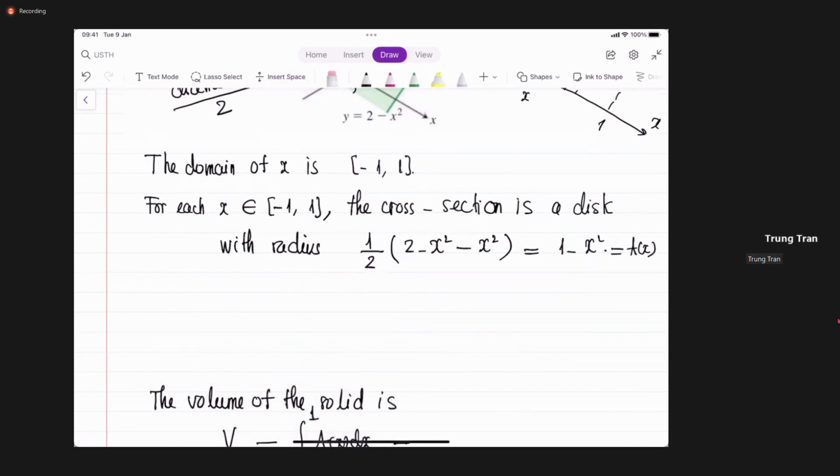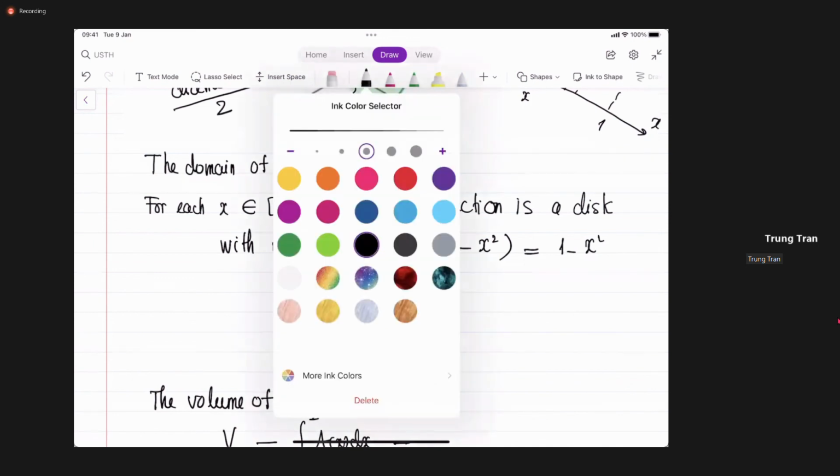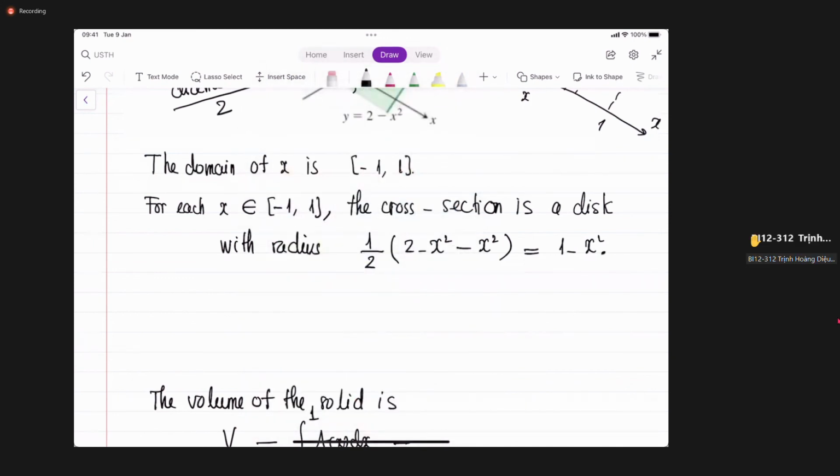Here we only have the radius. Now we find A(x), its area: A(x) equals pi times (1 minus x squared) squared.